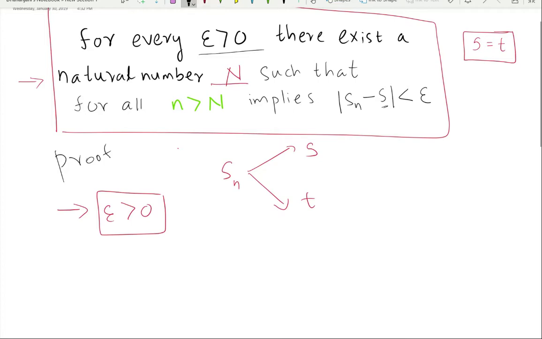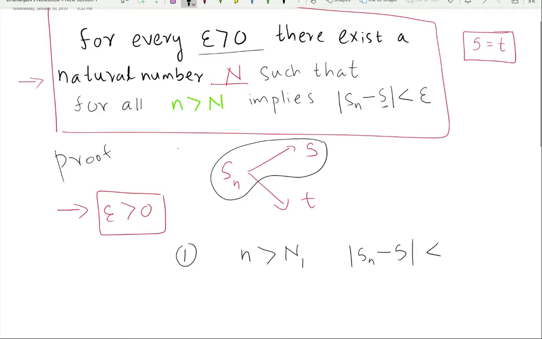Let's take the first scenario, Sn and S. For every epsilon greater than 0, there exists a natural number capital N1 such that for every position n greater than N1, the distance between terms of the sequence and the limit is even closer than epsilon over 2.